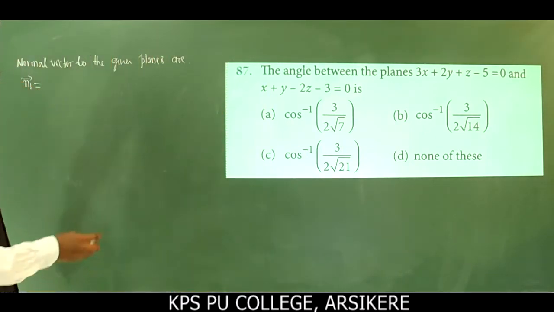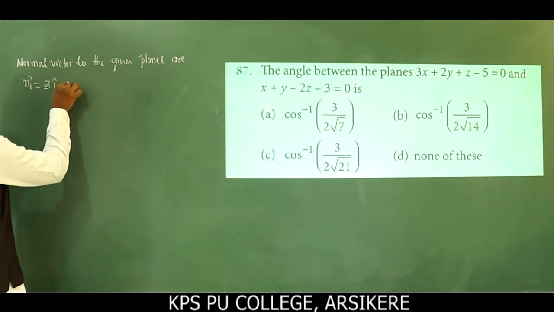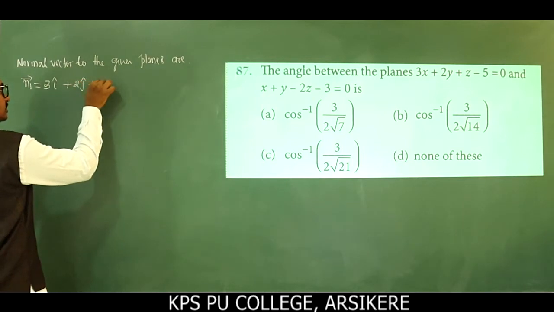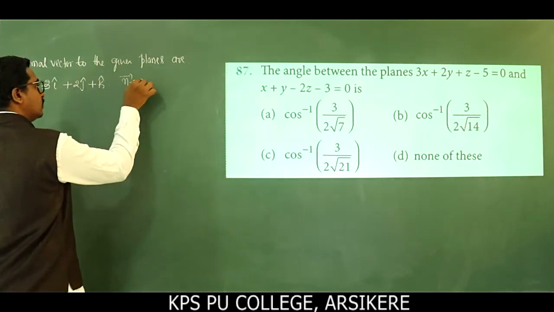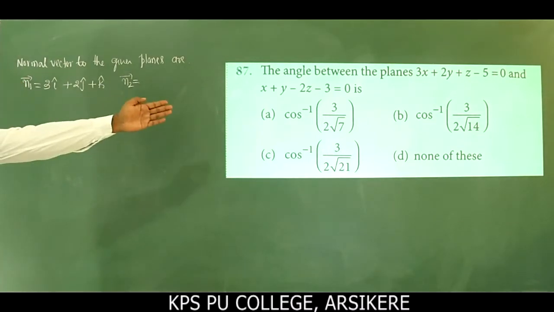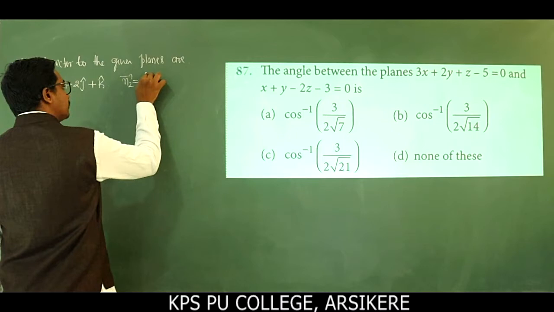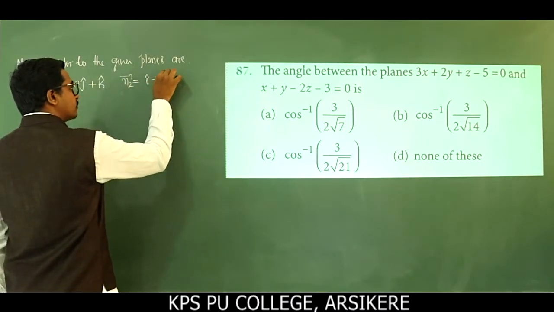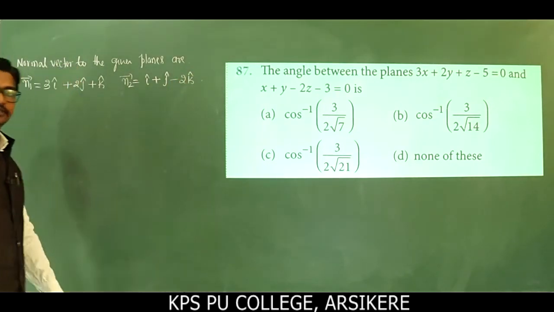Similarly here, n1 = 3i cap + 2j cap + 1k cap, and for the second plane, n2 = 1i cap + 1j cap - 2k cap. The coefficient of z is minus 2.